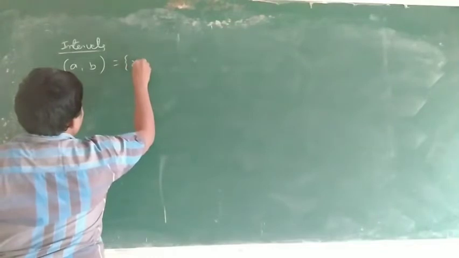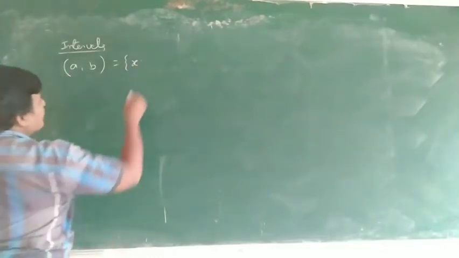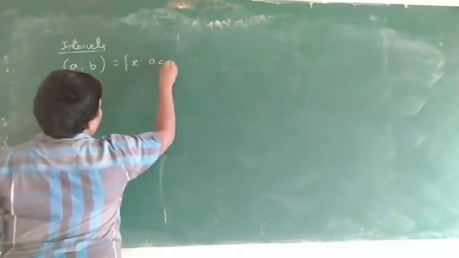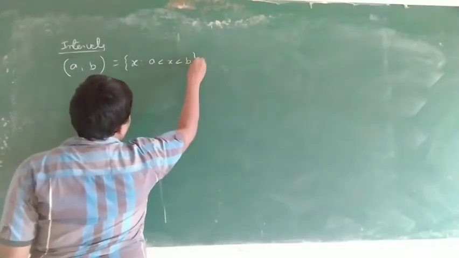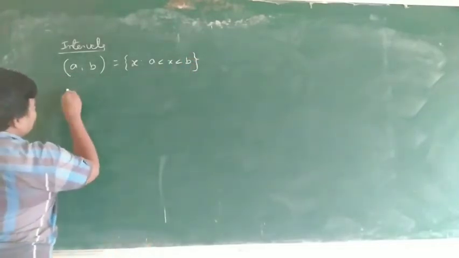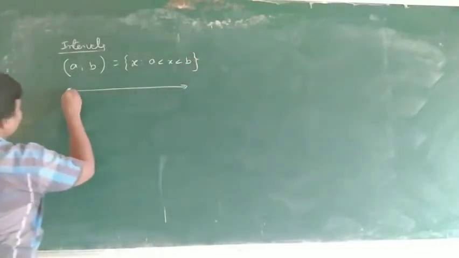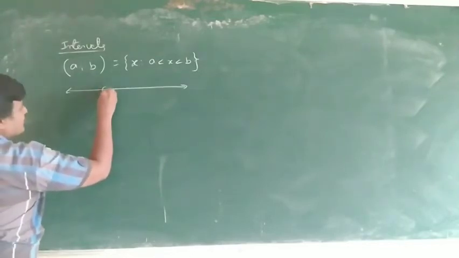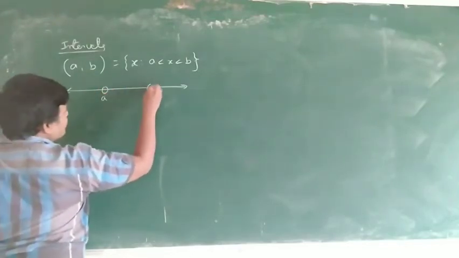How to write it? The set of all x such that a less than x less than b. For example, this is the real line. So this is small a, this is small b.